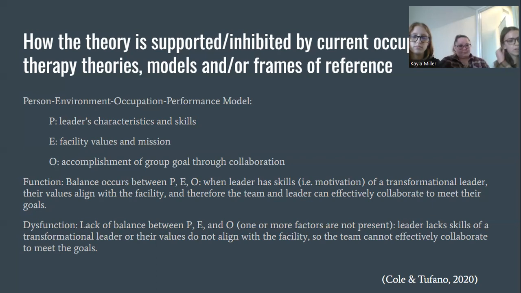So then within the model, they have function and dysfunction. We thought this was appropriate to touch on with this leadership style. Function is when balance occurs between the P, E, and O. In relation to the transformational leadership style, it is when the leader has the skills, like motivation and self-efficacy, like Kayla talked about, and their values align with the facility, and therefore the team and the leader can effectively collaborate to meet their goals.